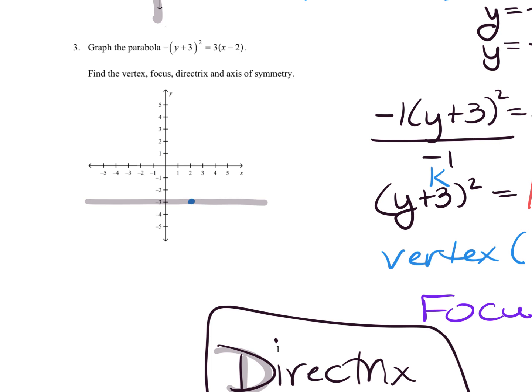And then let me go ahead and put in my directrix, which is going to be 2 3/4. So like around here. And then my focus point was 1 1/4, comma, negative 3. So about there. And then remember, the parabola surrounds it.